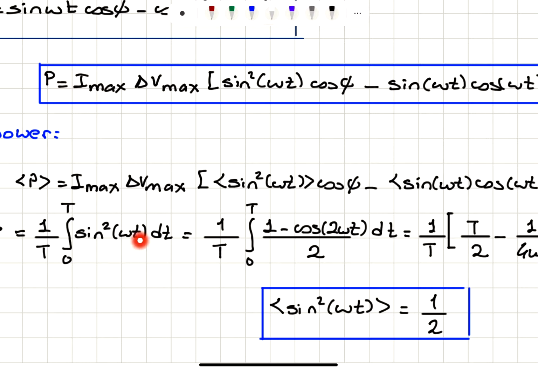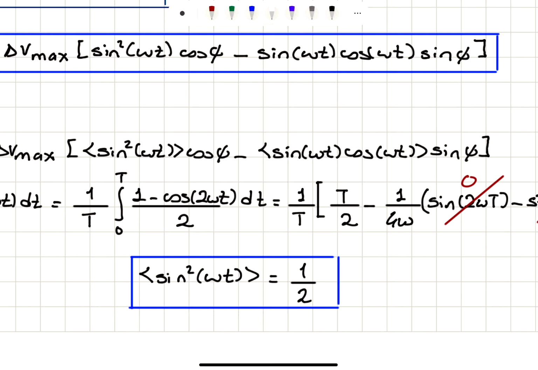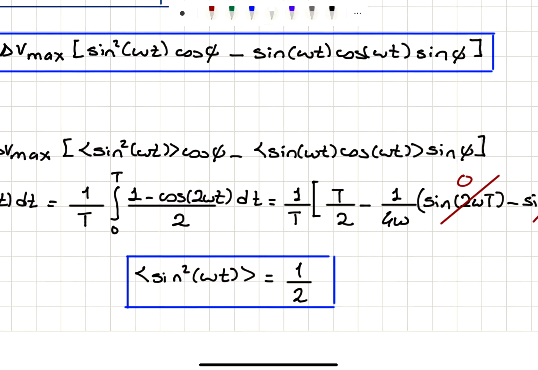So for sine squared ωt, I can substitute (1 minus cosine 2ωt) over 2. So now I will have dt over 2 minus cosine 2ωt dt over 2. The dt over 2 integral will give us just t over 2, and t evaluated between time 0 and 1 period will give me 1 period. So this will be T over 2.